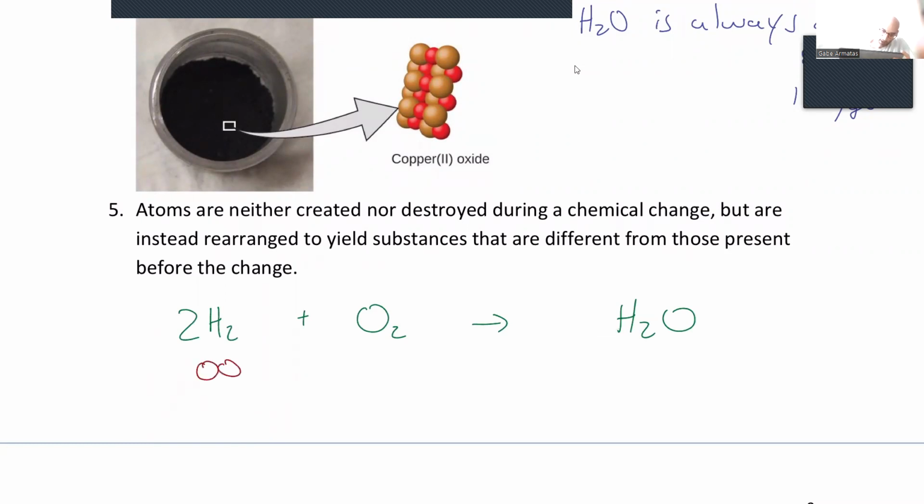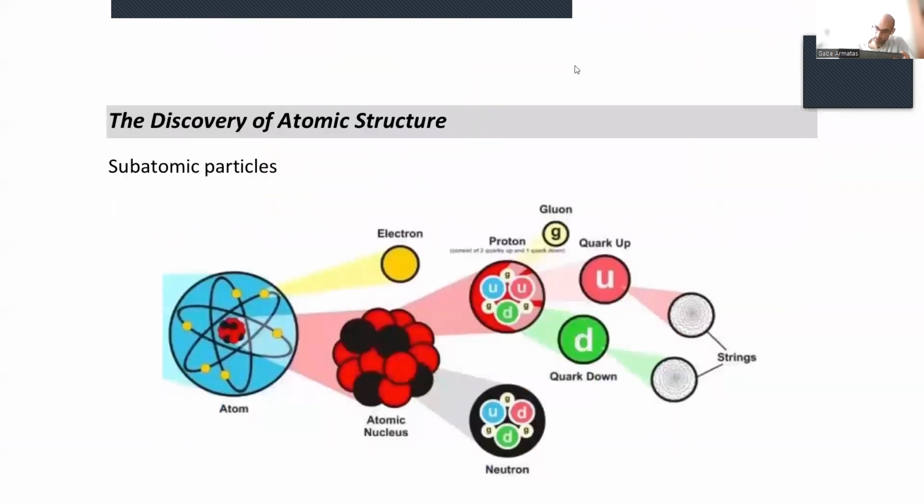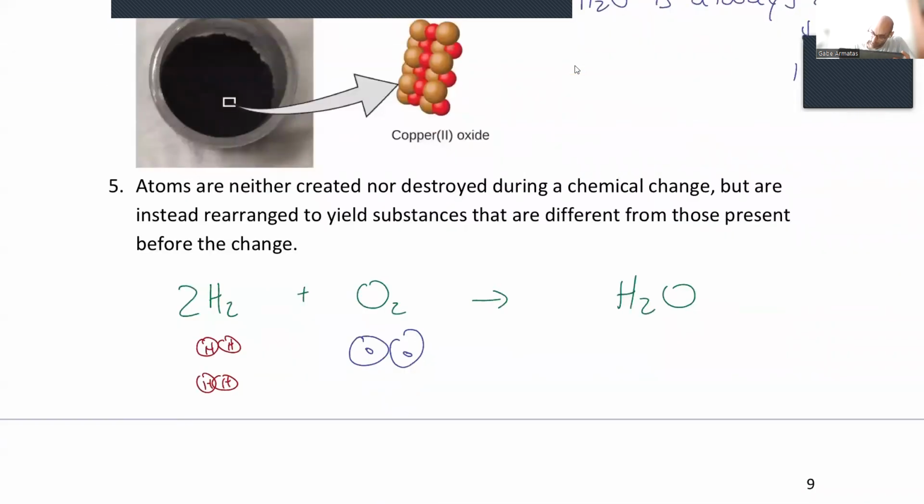Here I have 2 hydrogens reacting with 1 oxygen. I guess I should do it this way. Too small. Make the oxygens a little bigger. 2 oxygens to give me 2 water molecules.